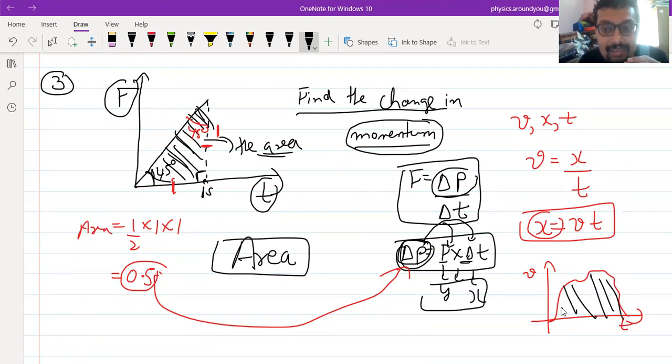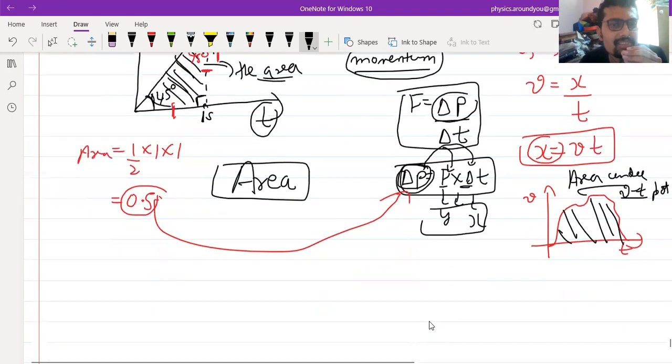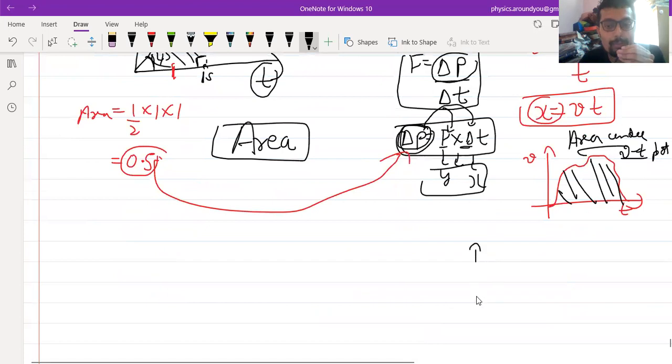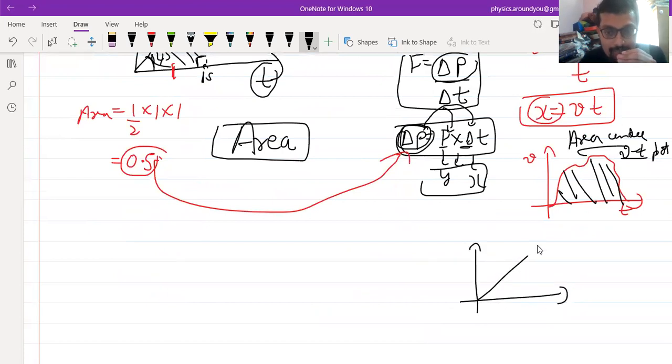Position of the particle is given by area under which plot? VT plot. What will the slope of the VT plot give?